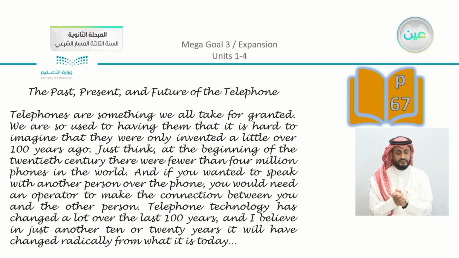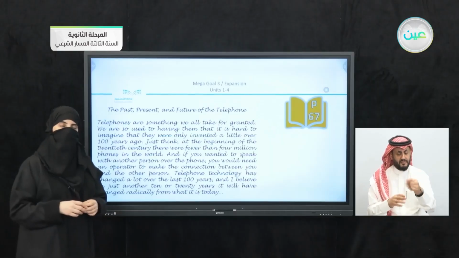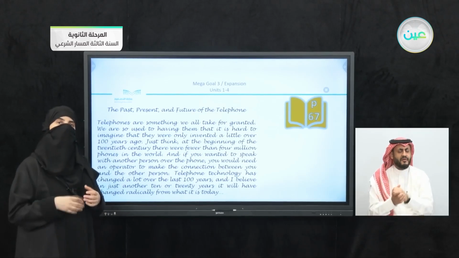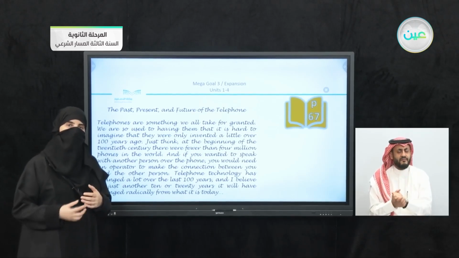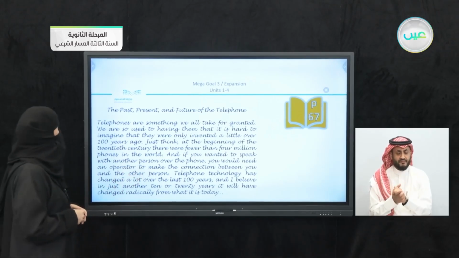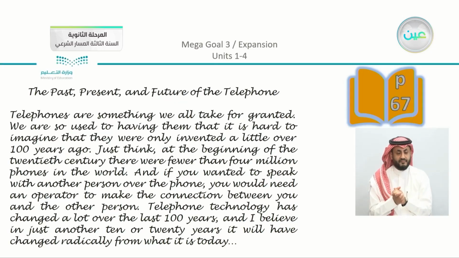Now they did write an example for you here, just to get an idea of what they mean when they say choose a device or technology. Here's a short paragraph in the book, so let's just read it together. The past, present, and future of the telephone. Telephones are something we all take for granted.